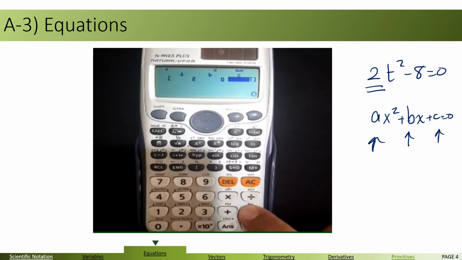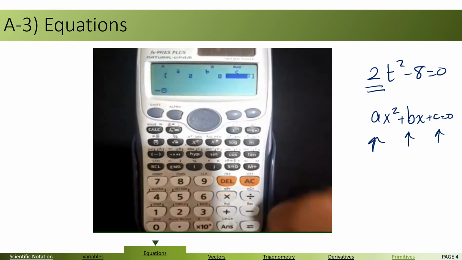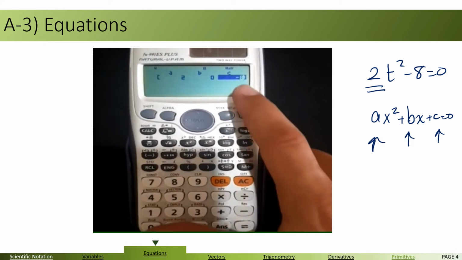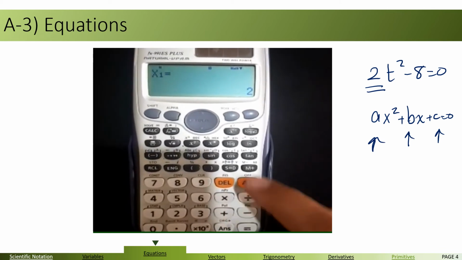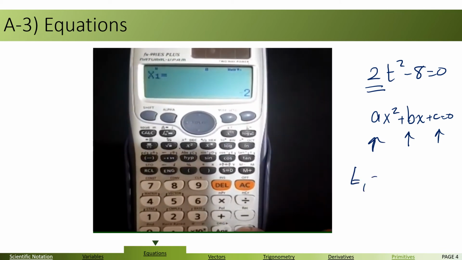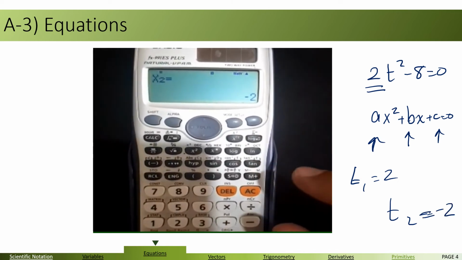Once we finish the negative 8, we press the equal sign and make sure that it's written in the matrix form above. Then press another equal to display the solutions, which are t1 being 2 and t2 being negative 2. That's it using this calculator.